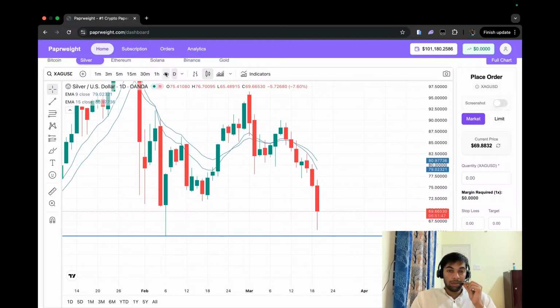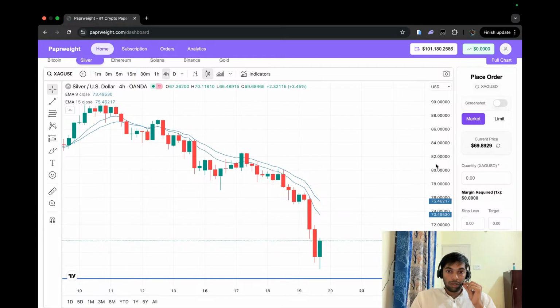Let's see what is happening at the 4 hour time frame. On the 4 hour time frame, you can see the market, after this much selling for the past couple of days, is trying to make a pullback. Or these sellers are also exhausted by selling, by pumping down, by taking all the money out of the market. Now they are just resting, just breathing.